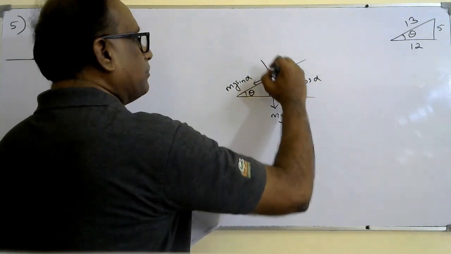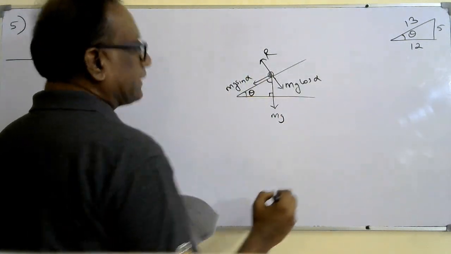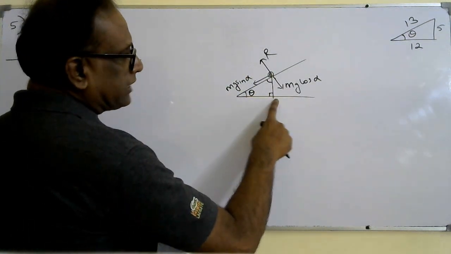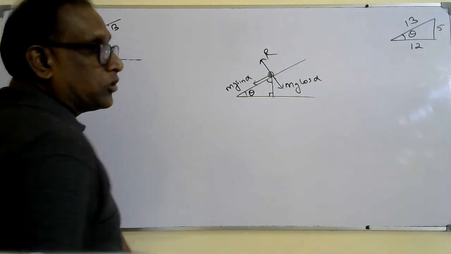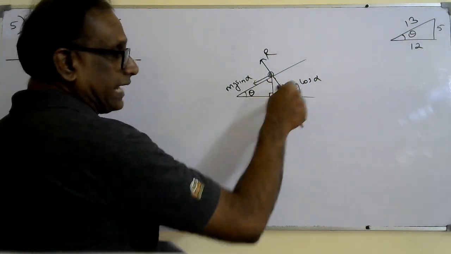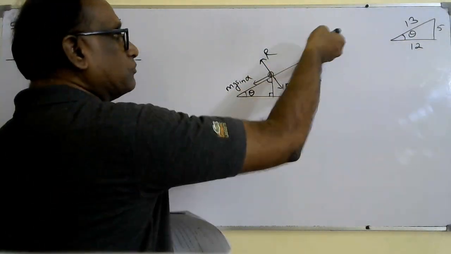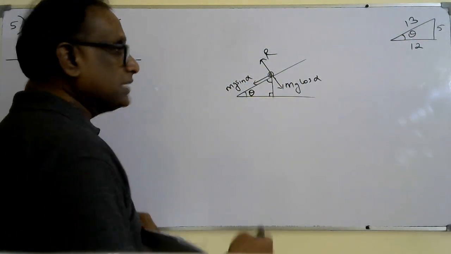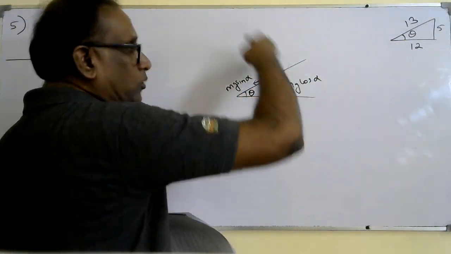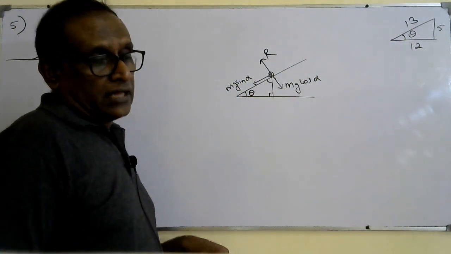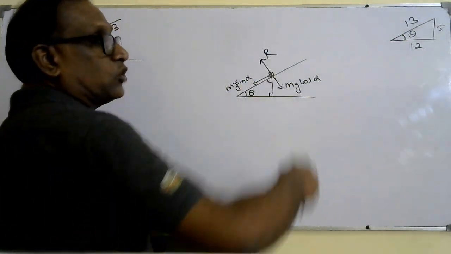The normal reaction will be perpendicular to the slope. Now look at here. So this mg I can remove because I have already found the components in two right angle directions. So now the particle is moving up or down along the slope, means there is no motion perpendicular to the slope. So when there is no motion perpendicular to the slope, the resultant force perpendicular to the slope must be equal to 0.